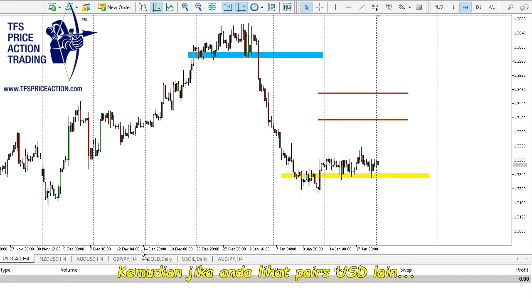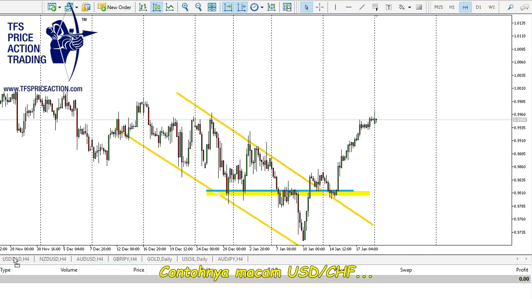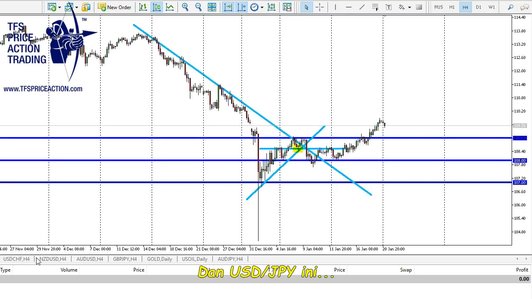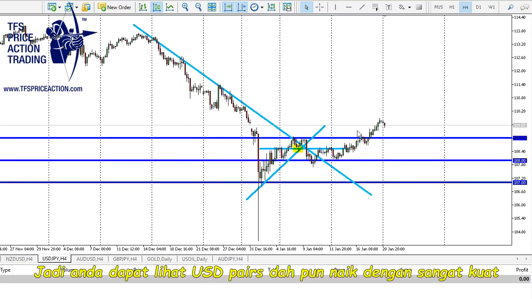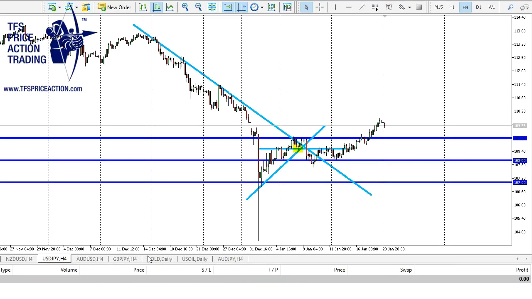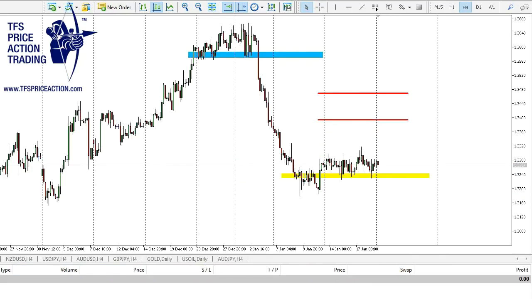If you see other USD pairs, for example USD CHF and USD JPY here, you can see that the US dollar pairs have already gone up very strongly. USD CAD is yet to move, so I'm expecting the price to go up.